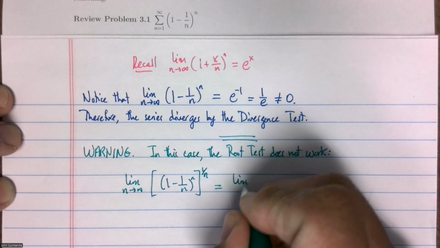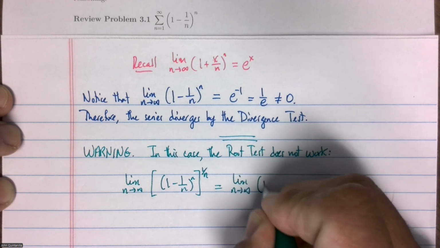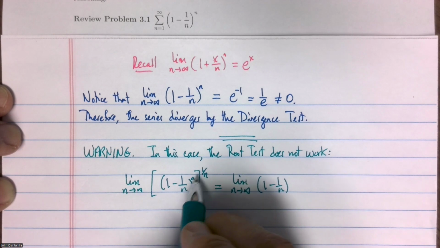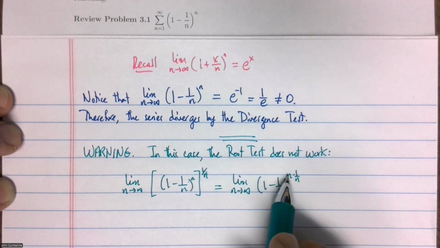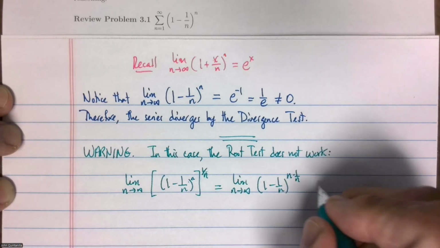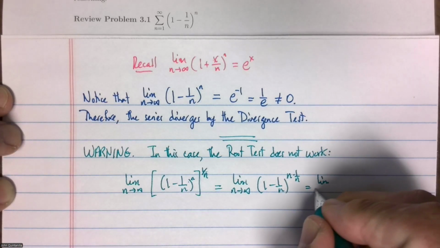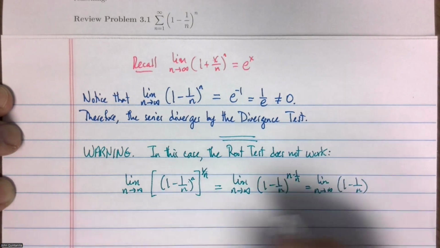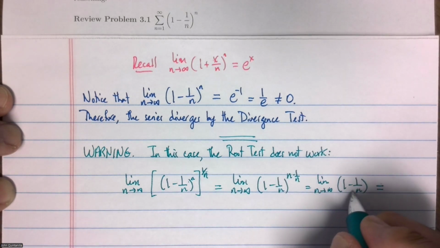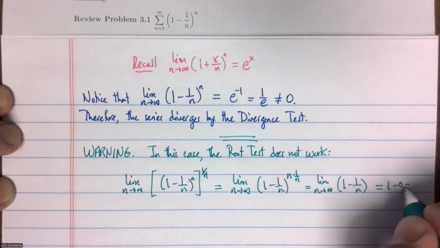These exponents multiply, n times 1 over n. Clearly that cancels, so I get the limit as n goes to infinity of (1 minus 1 over n) to the first power. And then as n goes to infinity, that goes to 1 minus 0, which is equal to 1.